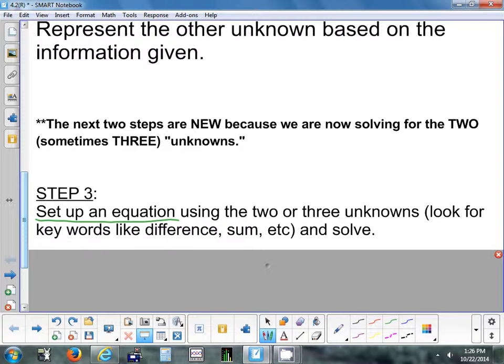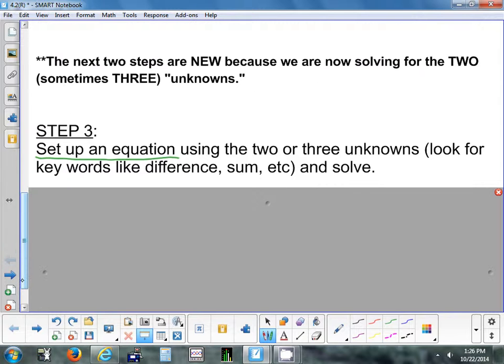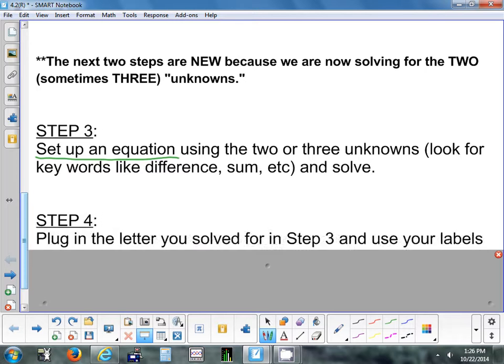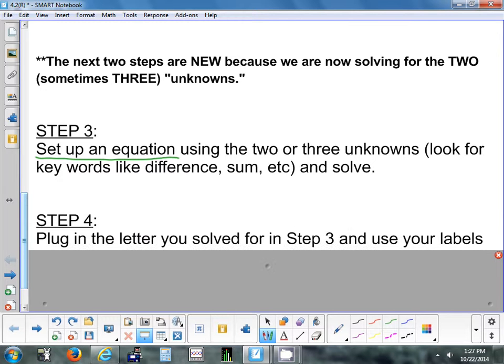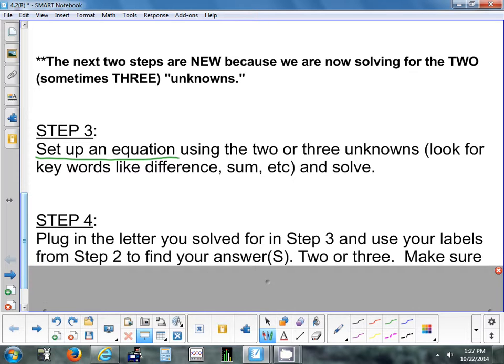We'll look at the keywords as we go, but most of them are already on that list you had yesterday. In fact, I think all of them. The only thing is now, you've got to take those two pieces, that unknown 1 and that unknown 2, and maybe unknown 3, and you're going to have to separate them with something. What do you think that something is going to be?